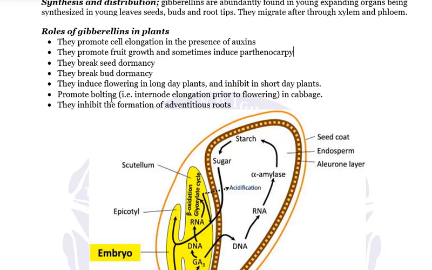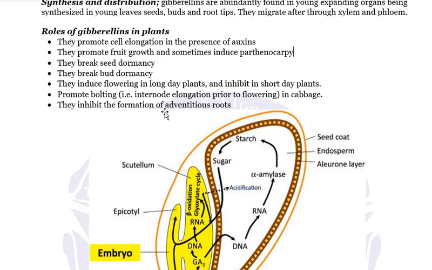Then they promote bolting. Bolting tunaita ni internodal elongation prior to flowering. More especially in cabbages, these gibberellins promote bolting in cabbages. So internodal elongation katika cabbages kabla hazijafanya flowering inakuwa kubwa, that is promoted by gibberellins.